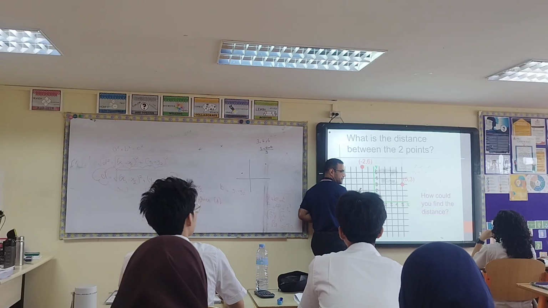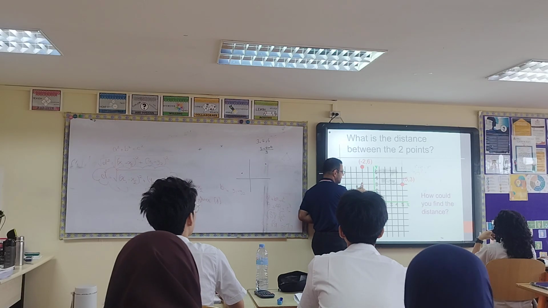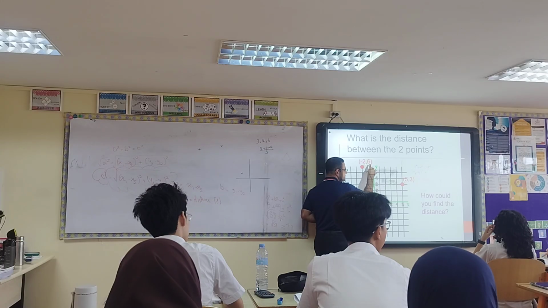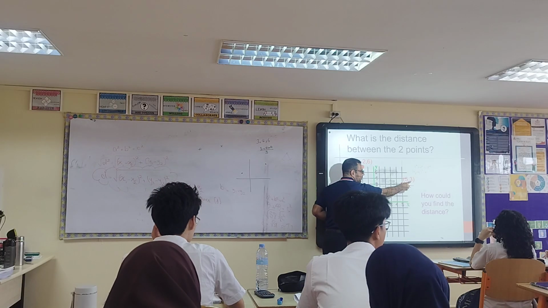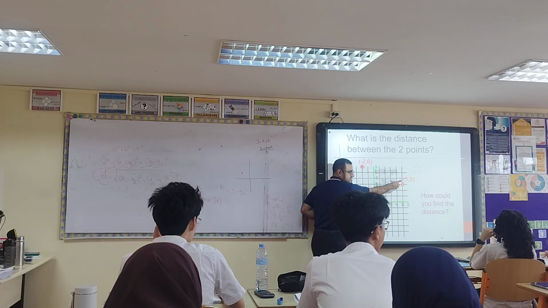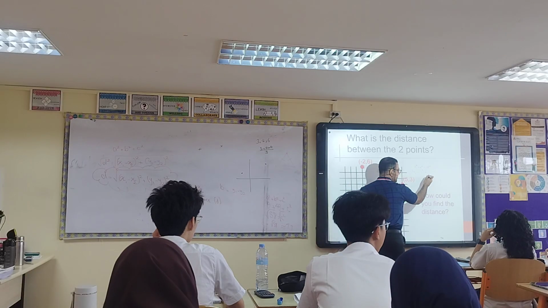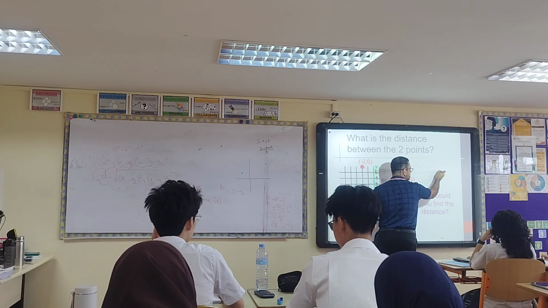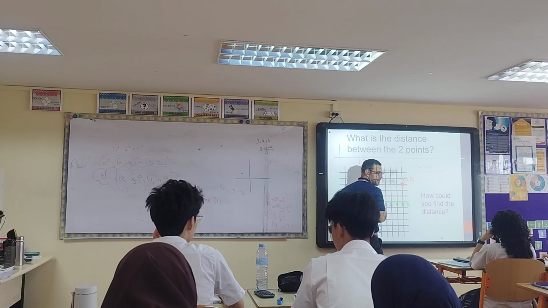I count the y's, right? I count from 1, 2, 3, which is 6 minus 3. So I'm taking the difference of the y's. So y2 minus y1 squared equals b squared.